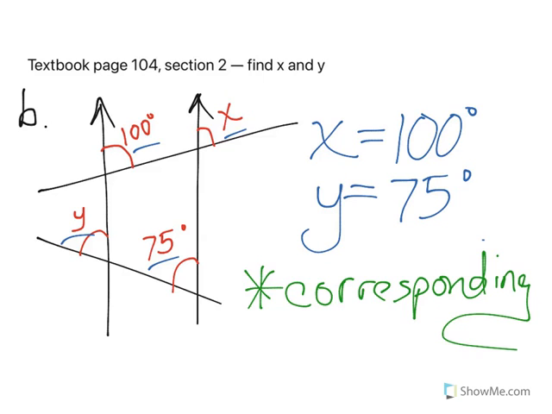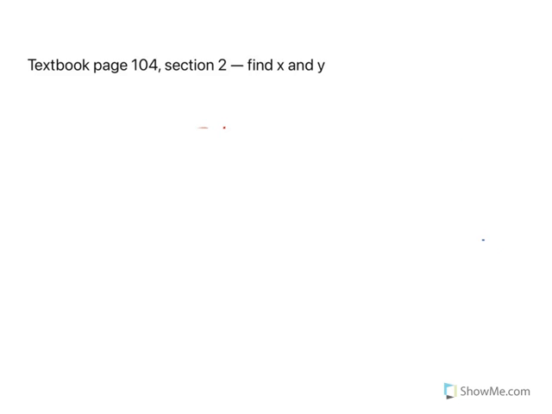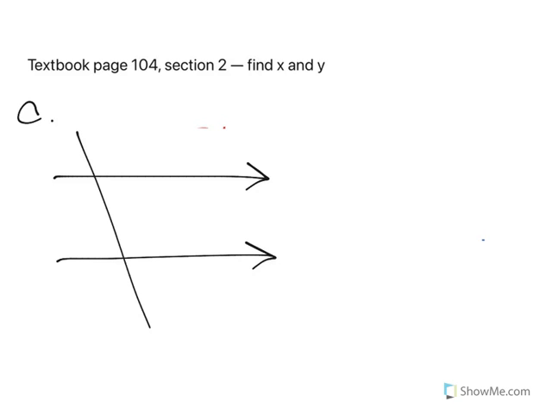Let's move on to C. All right, ladies, for C, again, we're given our parallel line set, and again, two transversals. Now, again, we're given here 80 degrees. Whoops, that's not a very good 8, is it? No, it's not. 80 degrees and 70 degrees.